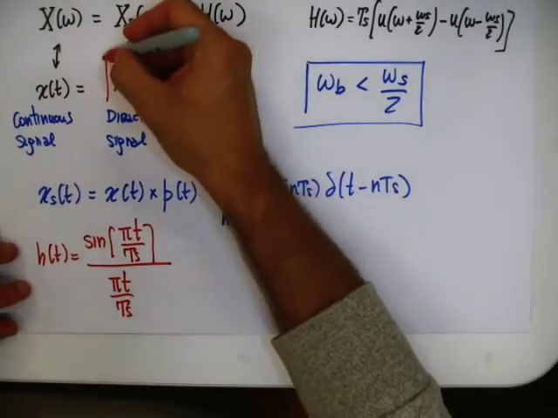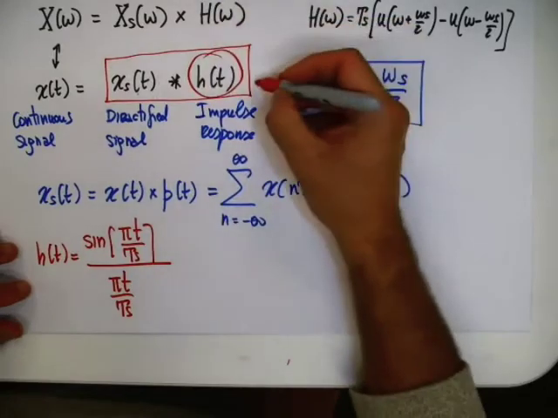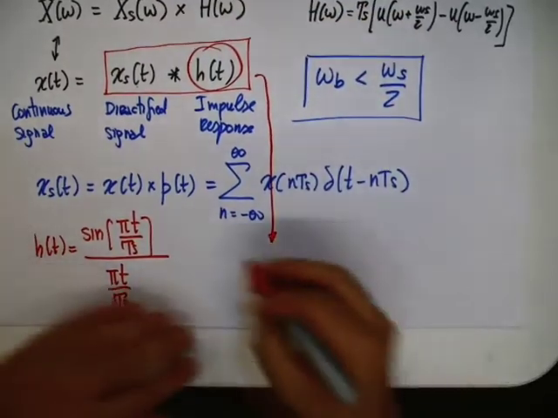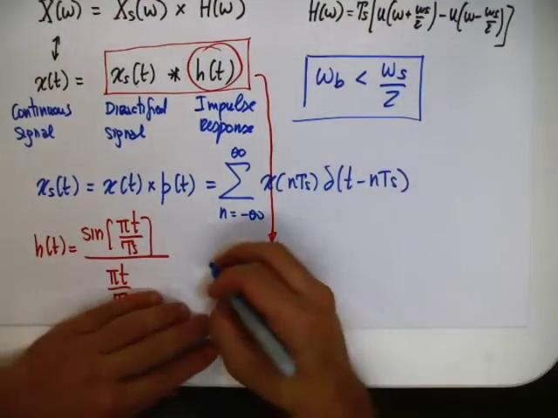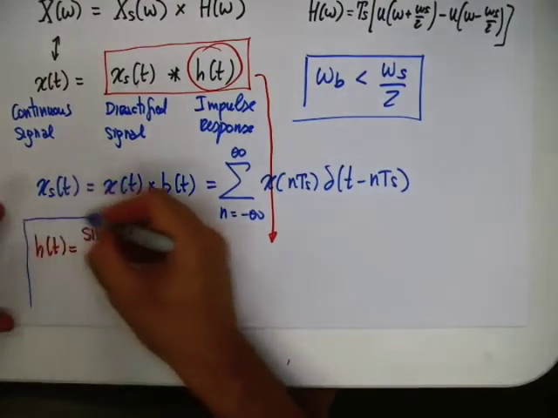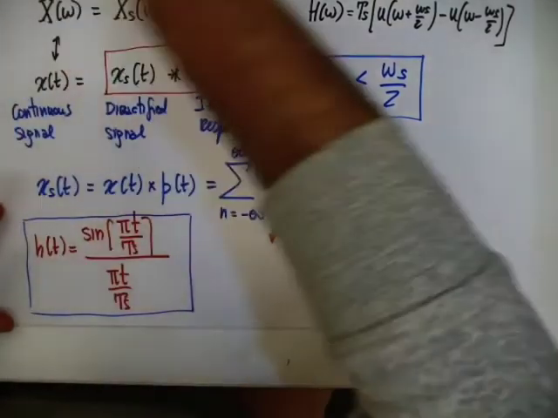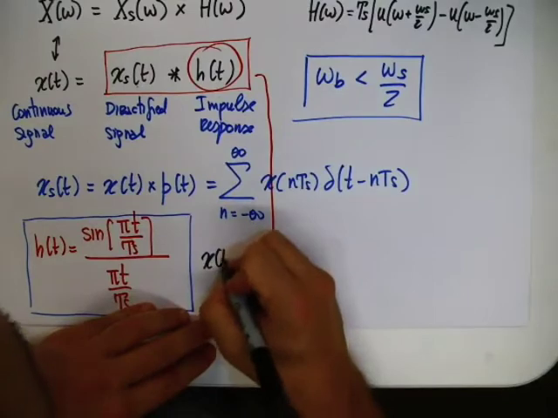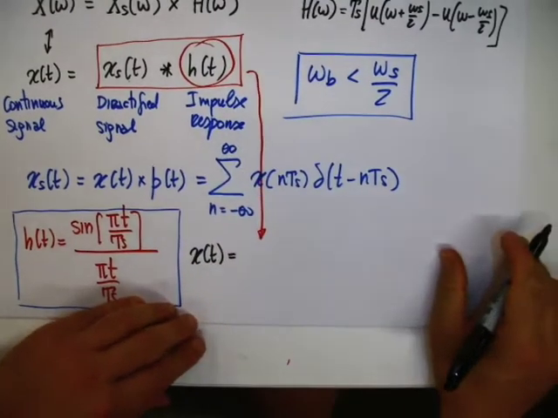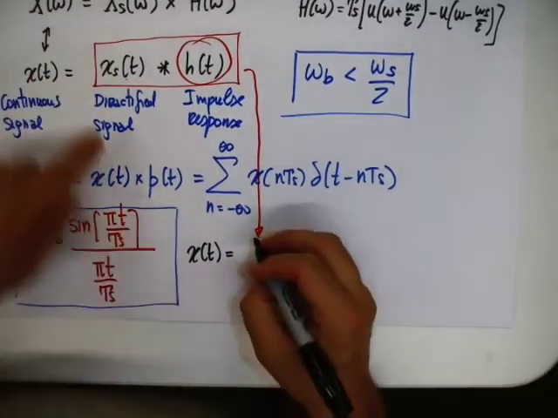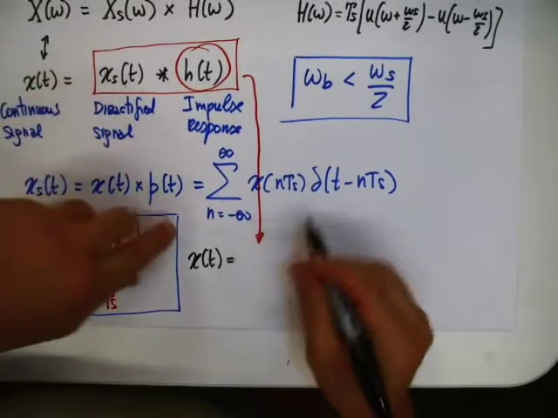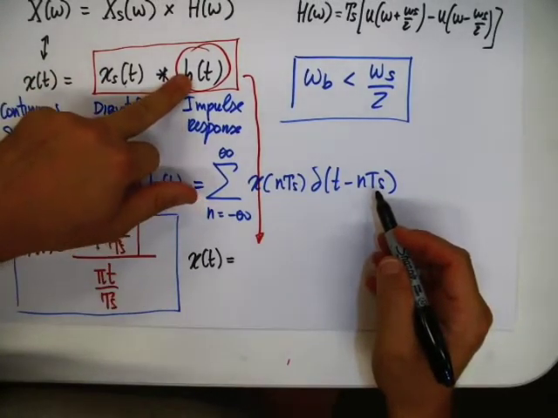And then, if we carry out this convolution, we can write x of t equal to what? To the convolution of this sum with h, right?